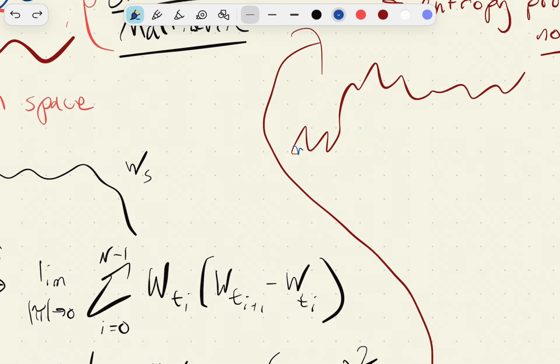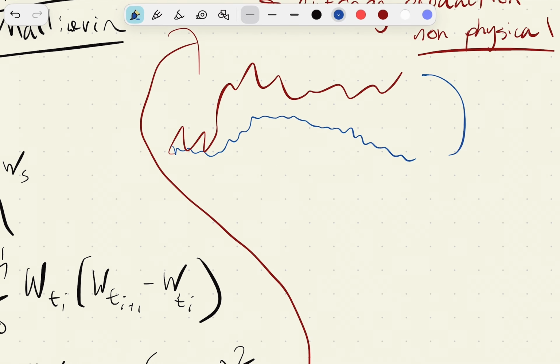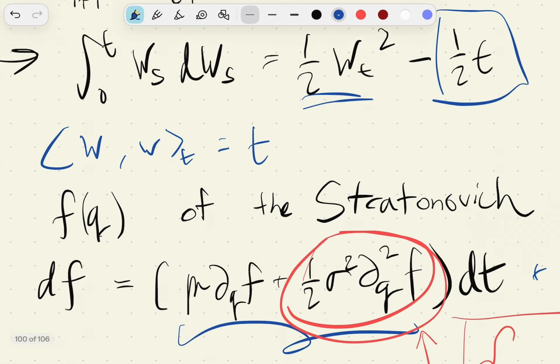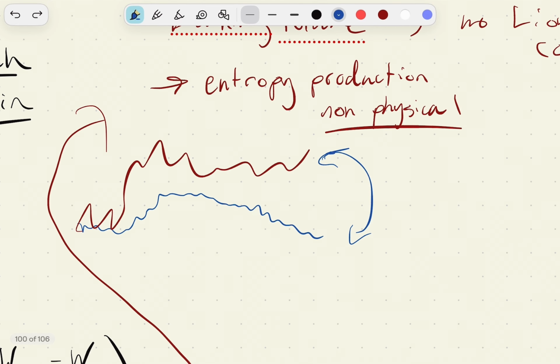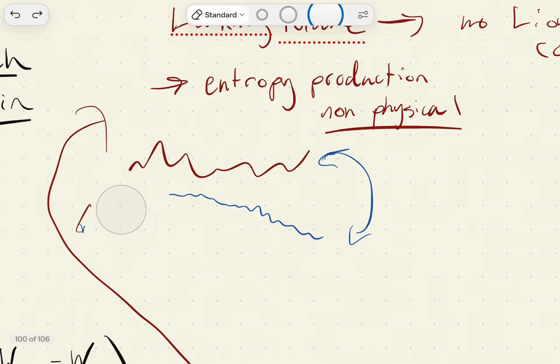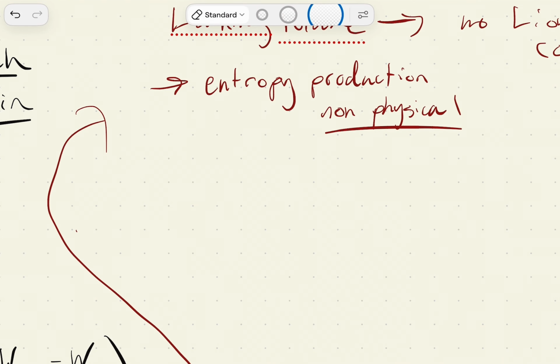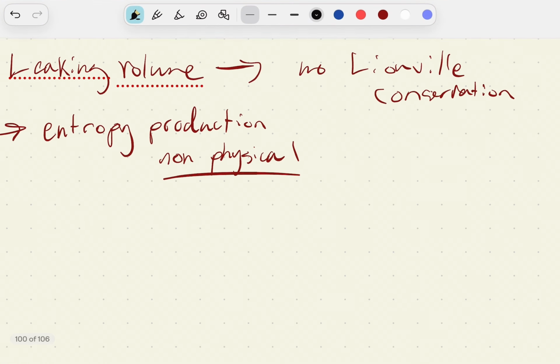It's slowly decaying over time like that, even though they're still the same, you just kind of put this fictitious drift here, okay? And it's a fictitious non-physical entropy production from the Itô integral, okay?